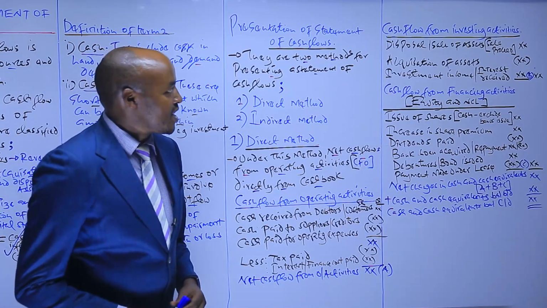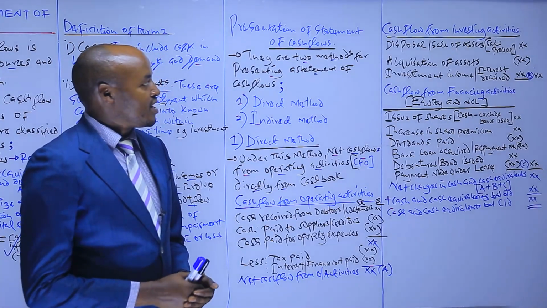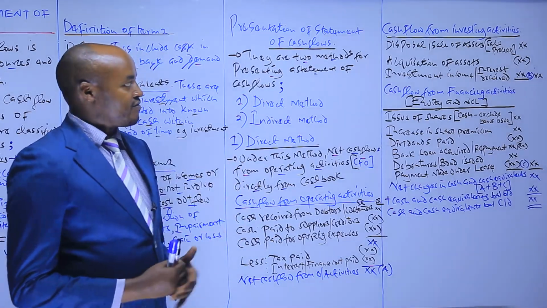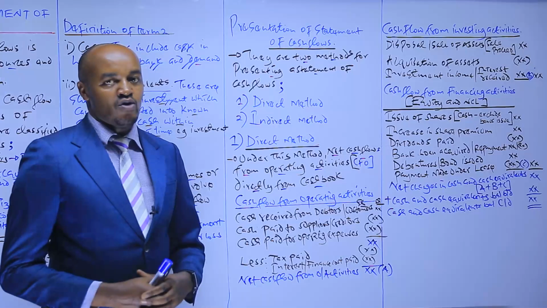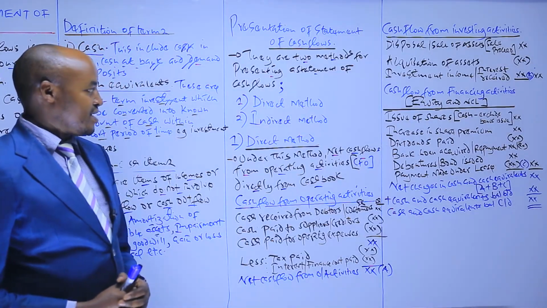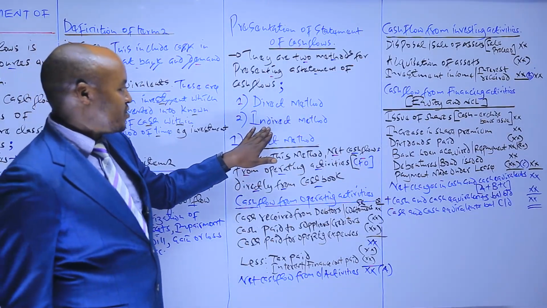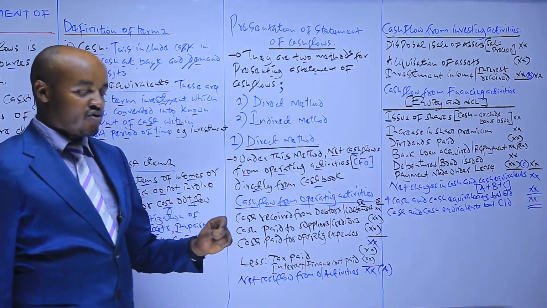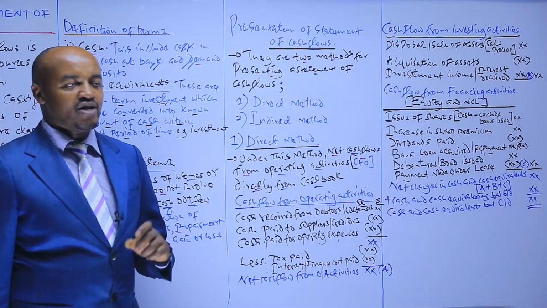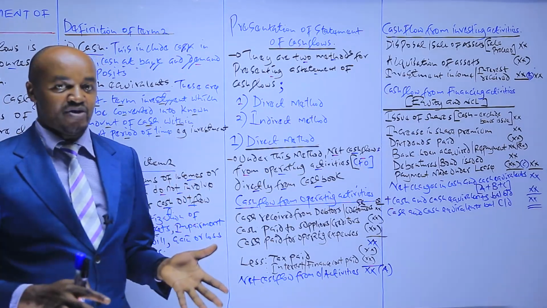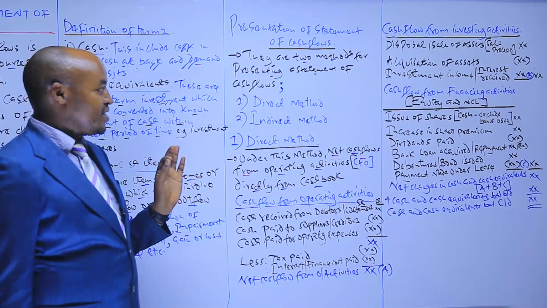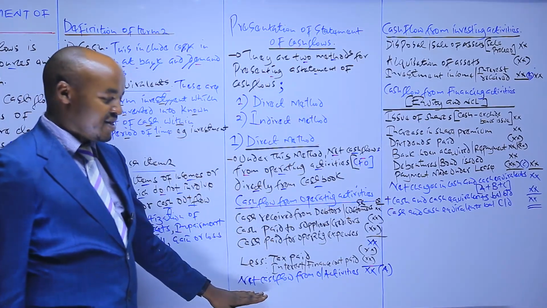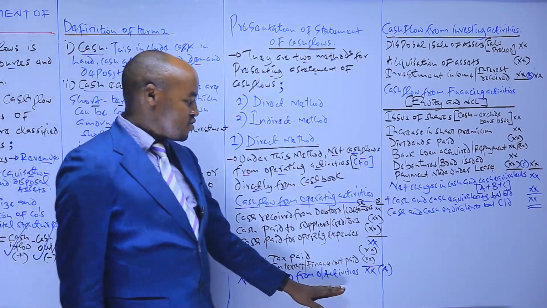That's how we determine the net cash flow from operating activities, net cash flow from investing activities, net cash flow from financing activities. Then next I want us to look at how we determine the CFO, or the net cash flow from operating activities, using the other method, the indirect method, because the difference between these two methods, direct and indirect, is how we determine the net cash flow from operating.